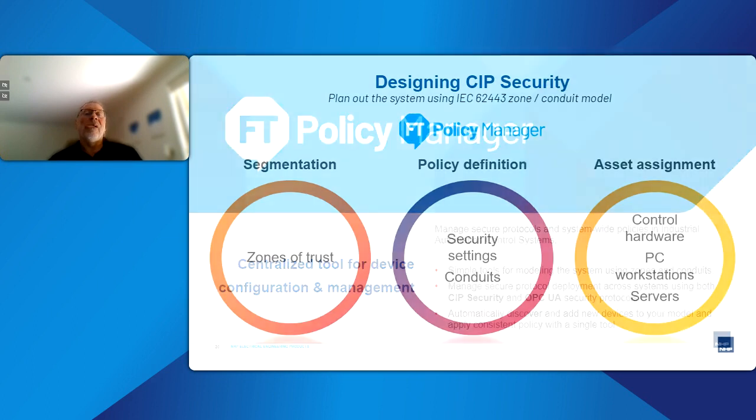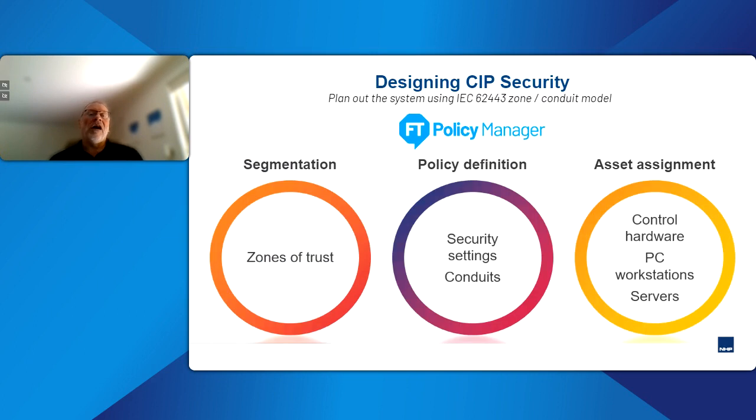Okay, so in line with 62443, there's these things called zones, conduits, and devices. And I'll talk about that on the next slide. But you create things called zones of trust. You create policies, and you bring stuff in. Segmentation, just like you segment networks, you learned how to segment your networks because of broadcast domains.